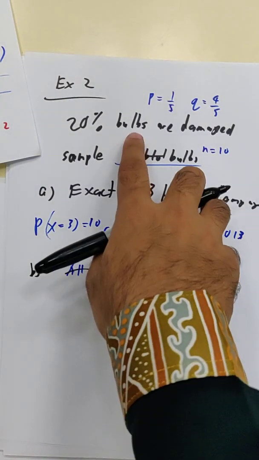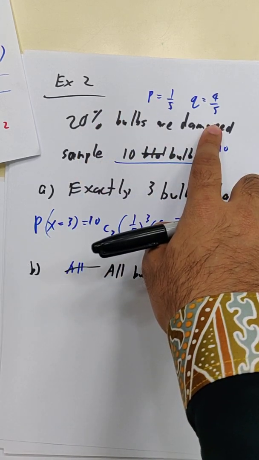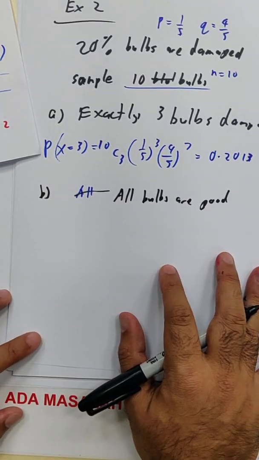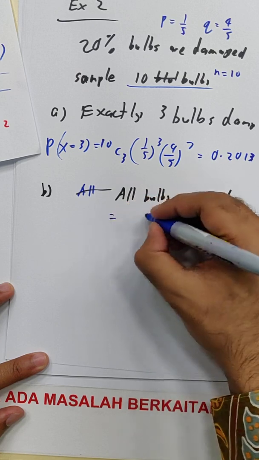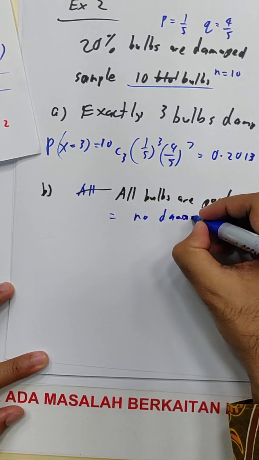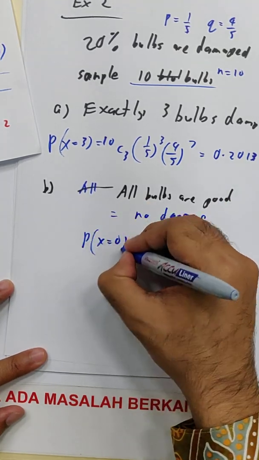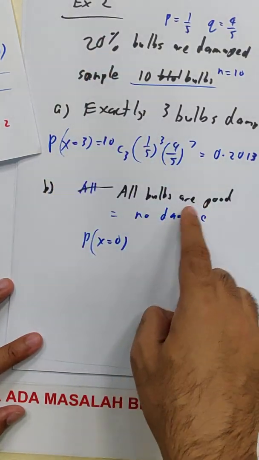Because the P is for damage. Okay, we want everything to be good. So that means how many damage? When I say all bulbs are good, I can also translate that to no damage. So Px equals 0. Understand? The probability is for damage. We want no damage.